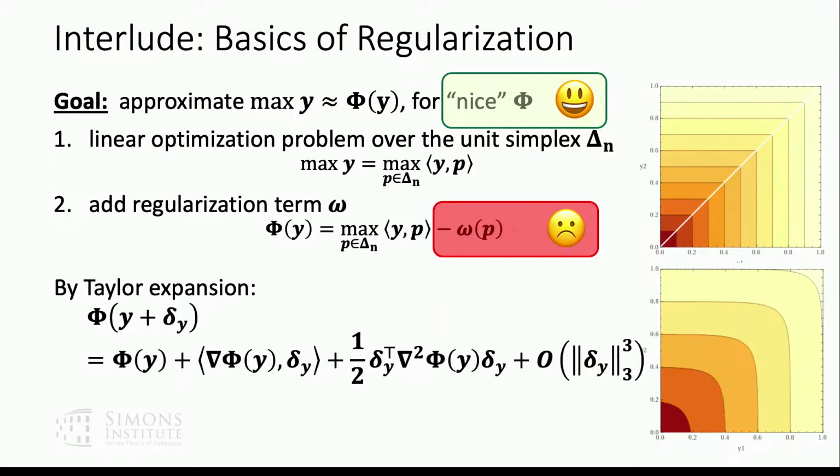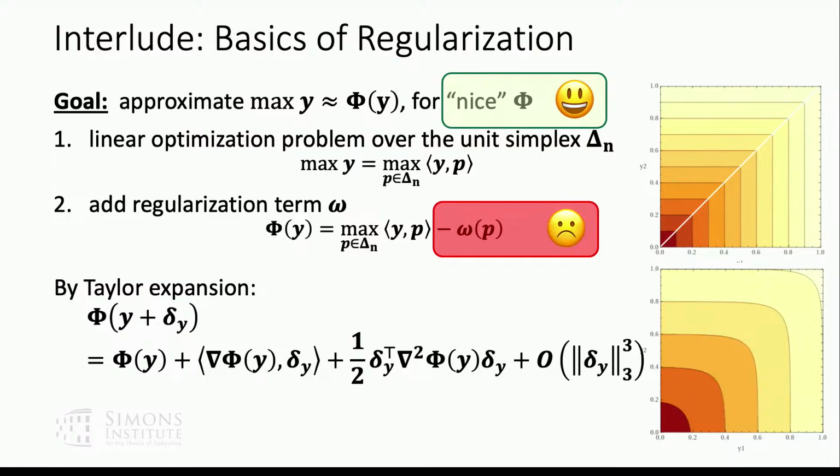Now let me try to go over the good things that follow from regularization. Once we regularize a function, once we compute this regularized maximum, all of a sudden it becomes differentiable and has nice properties, and we can just track how it evolves when we make a tiny update.